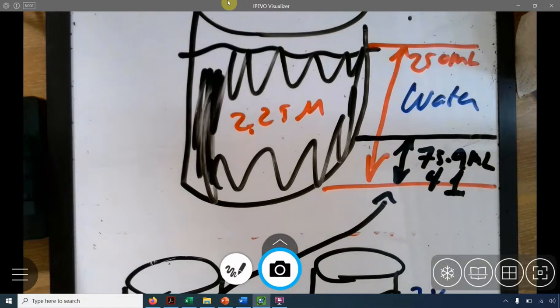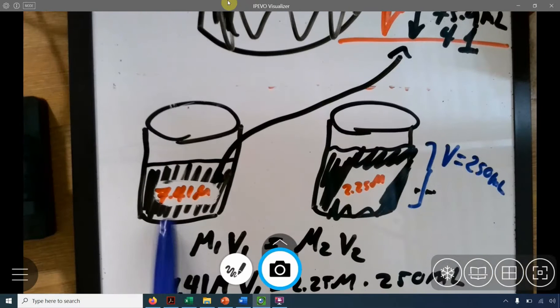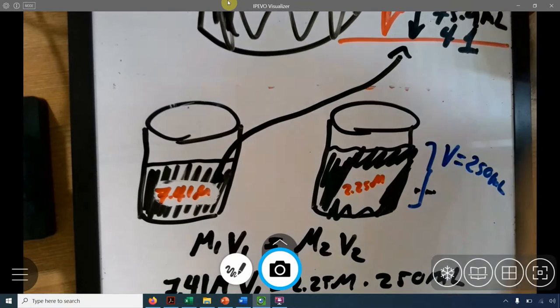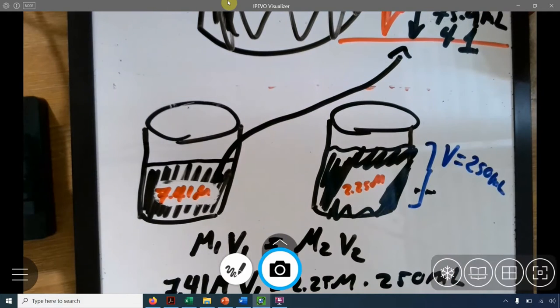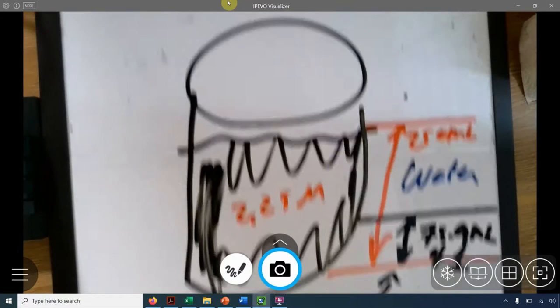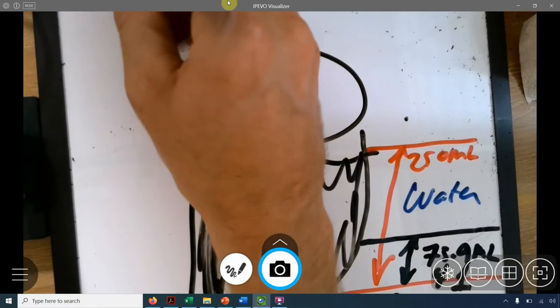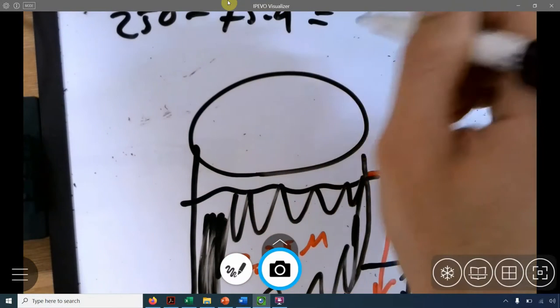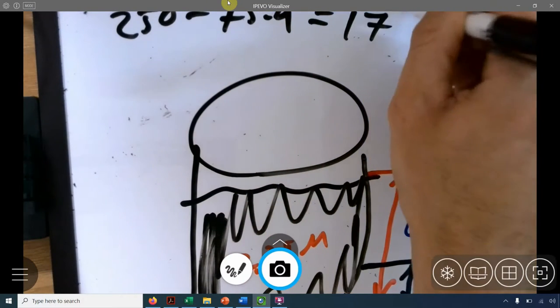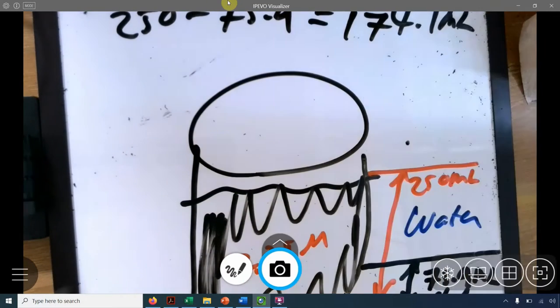So I will take 75.9 milliliters of this, I will add enough water so that it's 250 milliliters, and then I'm done. Lastly, 250 minus 75.9 gives me 174.1 milliliters.